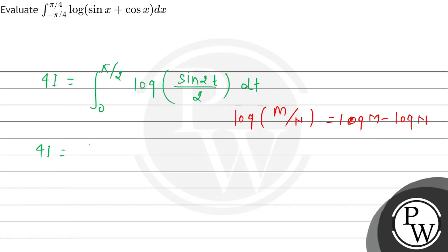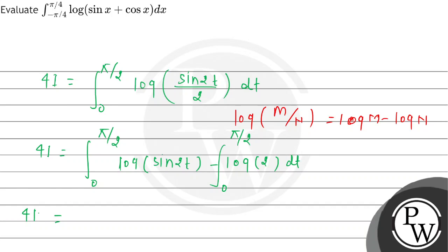So 4I is the integration from 0 to pi by 2 of log of sin 2t minus log of 2. After applying this formula we can solve it. So the integration from 0 to pi by 2 dt. Now we'll integrate it.